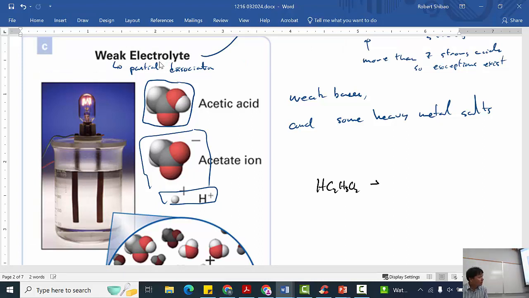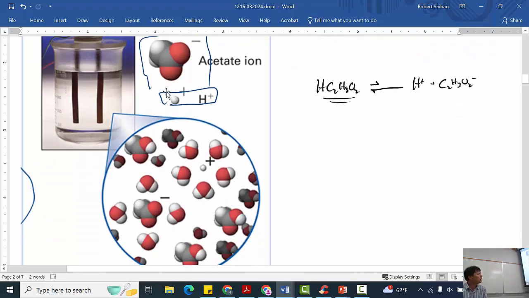I'm going to write the uneven arrows. The small forward arrow means it's not very favored in the forward direction. The big reverse arrow means it's much more favored. So it tells us which side's favored. This side's heavily favored. And so when I look at a solution of this, most of the acetic acid has not split apart.